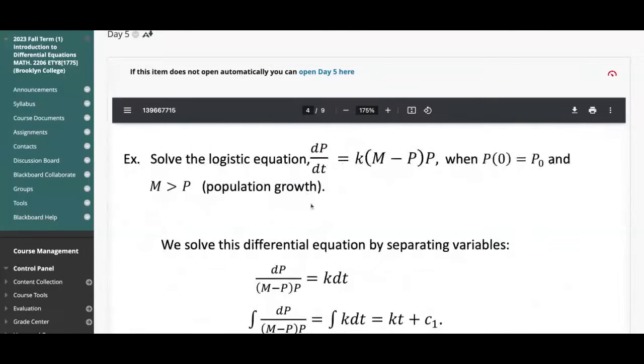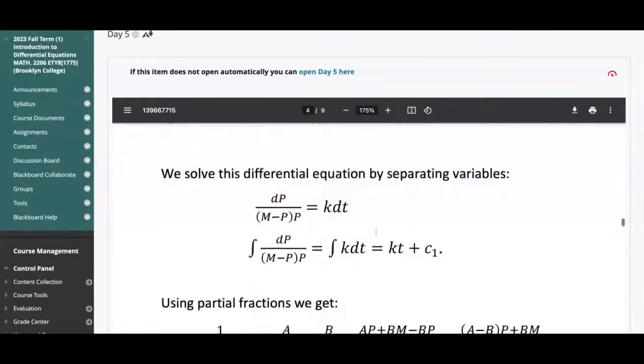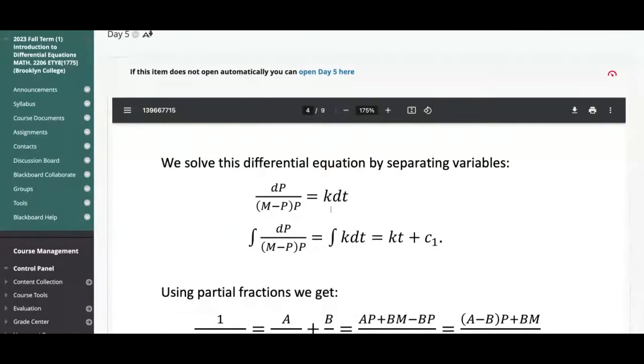Let's see an example. Solve the logistic equation dP/dt equals k times (M minus P) times P. The initial condition is this, and we want M greater than P. So solve this differential equation by separating variables.